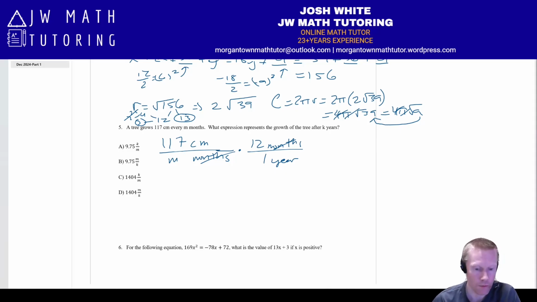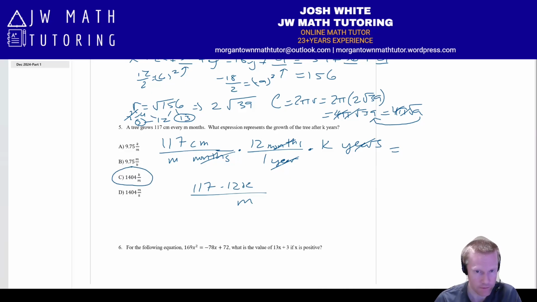And then I'm going to multiply by k years. And now see, years cancel out. What I am left with is the expression showing me the total growth for this tree after k years. It's going to be 117 times 12, k on top, m on the bottom. 117 times 12 is just going to be 1404. So the answer to this problem is letter C right here.